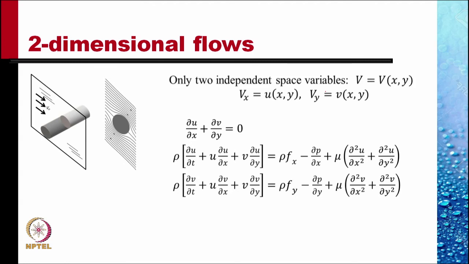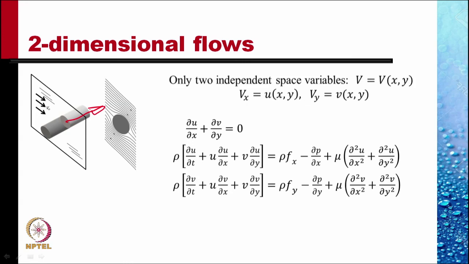We introduced two-dimensional flow earlier, where the flow varies within a plane but is the same in the third direction. So there are only two independent space variables, x and y, and in the z direction there is no component of velocity and there is no variation with the z direction.